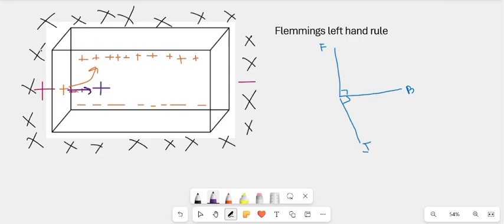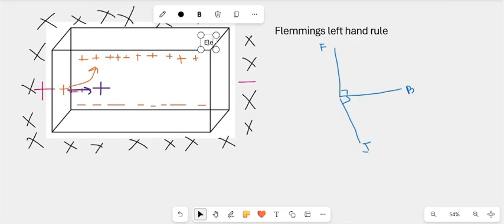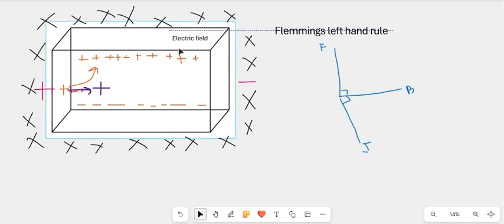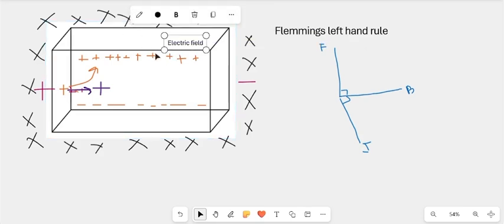Because initially there was an external magnetic field exerting a magnetic force, and now this accumulation of charge has resulted in an electric field being set up. So this was a magnetic field, and now an electric field has been set up. This charge is now going to experience two forces. Number one, the electric field, and number two, the external magnetic field.